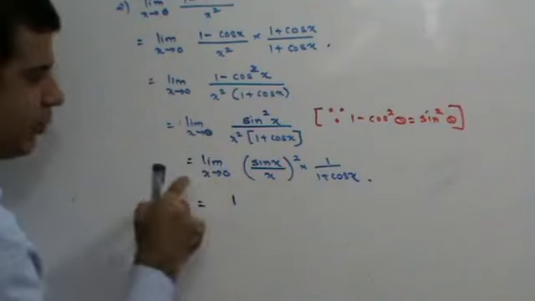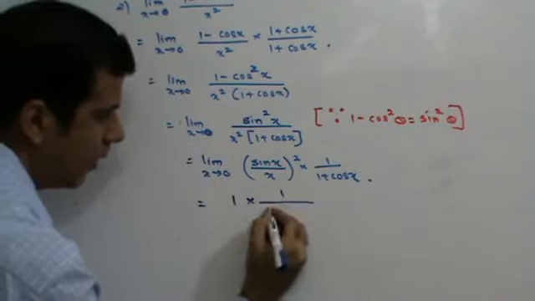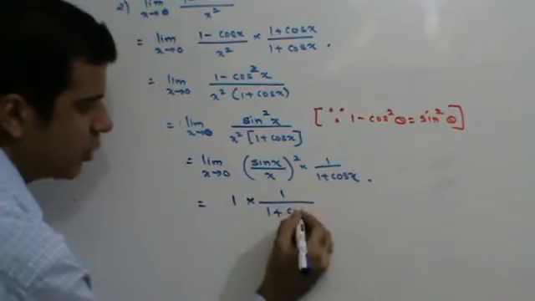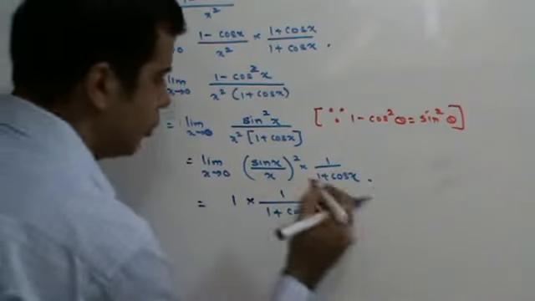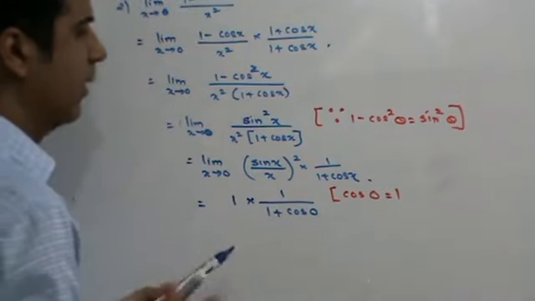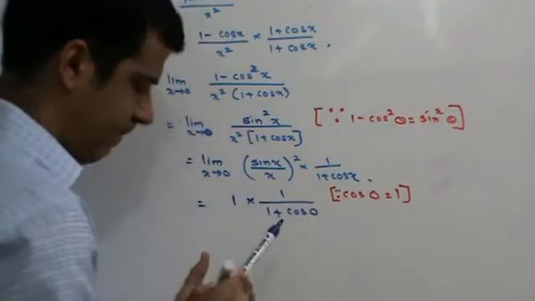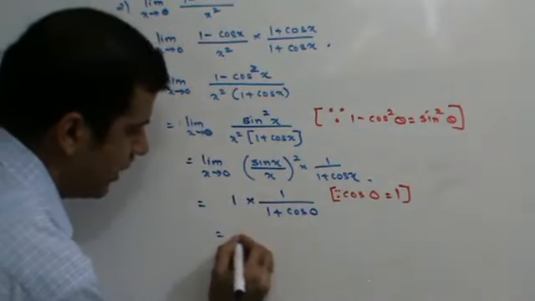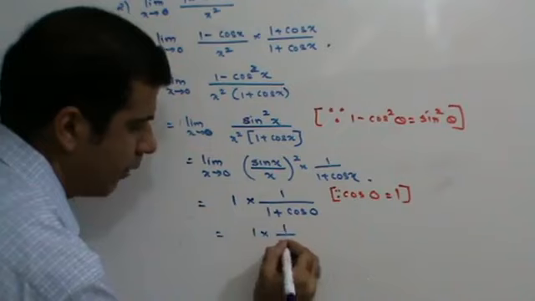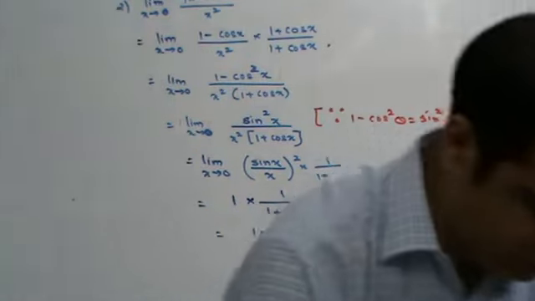Since I am substituting the formula, I need not write the limit. 1 plus cos of 0, where I have substituted x as 0 here. You are supposed to know by heart that cos of 0 is 1. So this is going to be equal to 1 into 1 upon 1 plus 1, that is 1 upon 2.